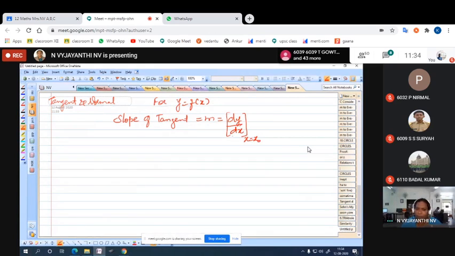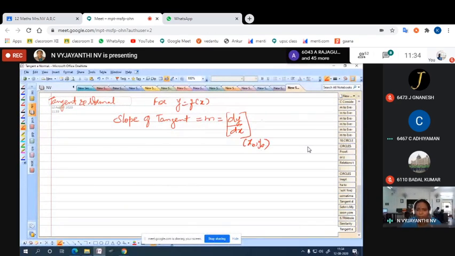If the point is known, x naught comma y naught is the point of contact, then we will assume x naught comma y naught as the point which the tangent passes through, and it can be written as tan theta. This theta is the angle of inclination. So any other method do we have?